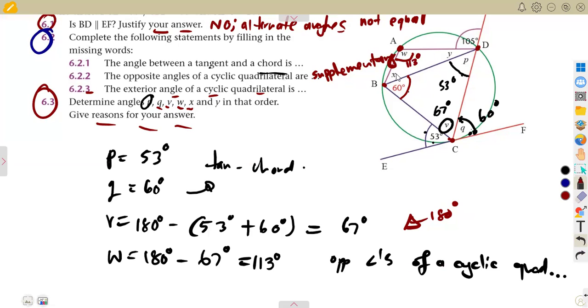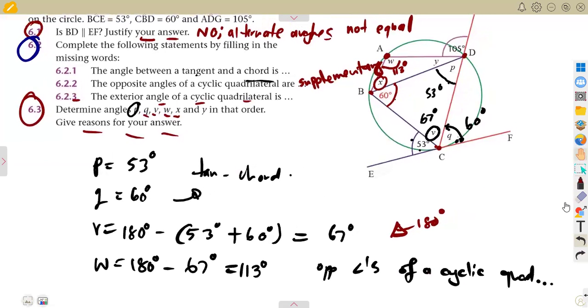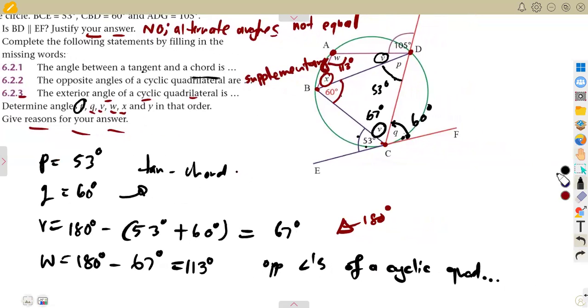Angle X. How can we determine angle X? You can use this concept here. If you consider this angle, we can find angle Y, because these are angles on a straight line.